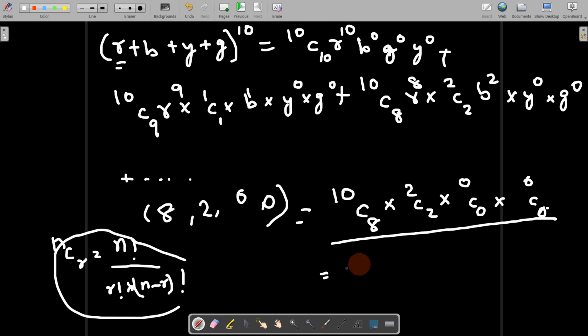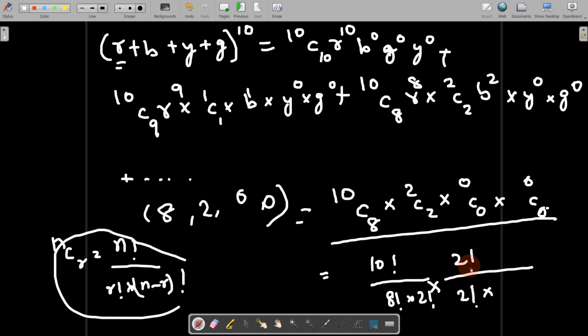So what will we get? 10 factorial by 8 factorial into 2 factorial, into 2 choose 2, which is 2 factorial by 2 factorial, and 2 minus 2 is 0 factorial. And I know that 0 choose 0 is what? 1. These two are 1. So we see this 2 factorial and this 2 factorial are getting cancelled.